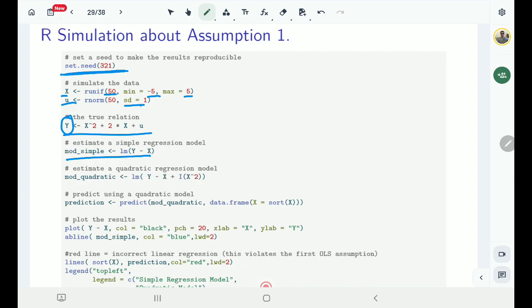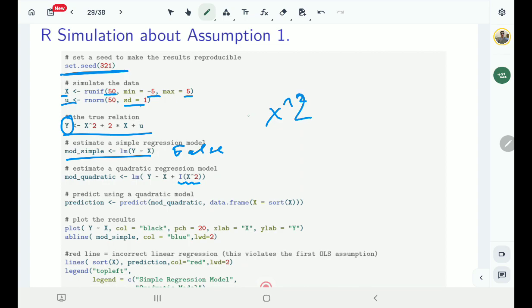Then you estimate a simple linear model, and this is the false model, obviously, and then you do it for the correct model. By the way, I have to mention that when you include squared or exponential terms within the lm function, the lm function does not recognize x squared by itself.